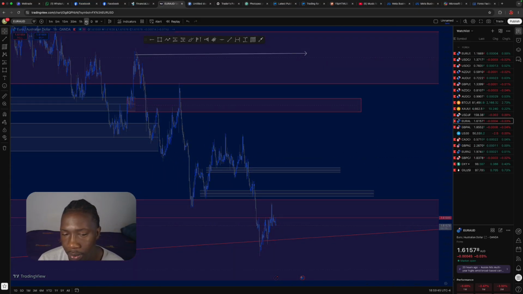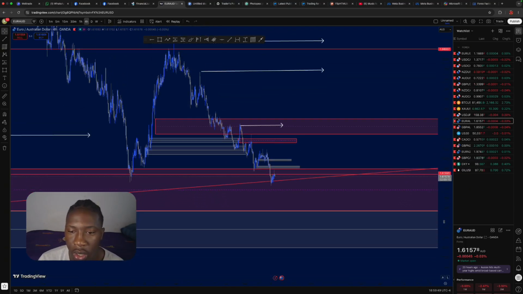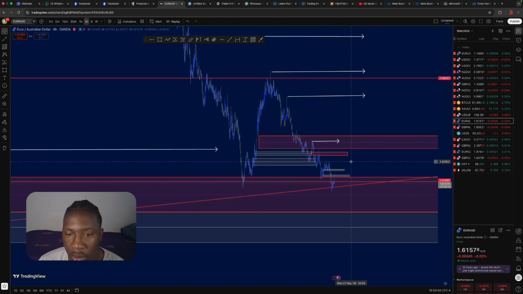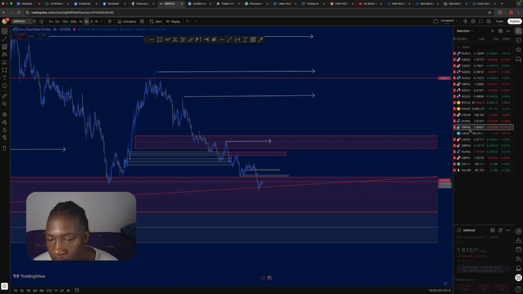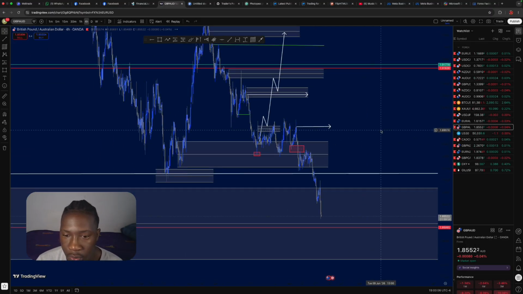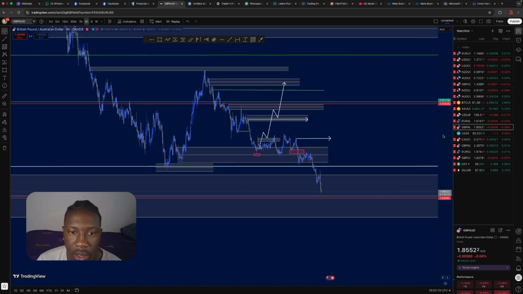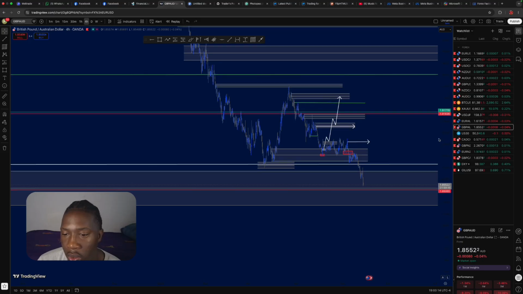We'll see what is happening, but we have downward movement. Very bad pairs, very bad pairs. We have downward movement. We'll see what is causing this downward movement during the day.